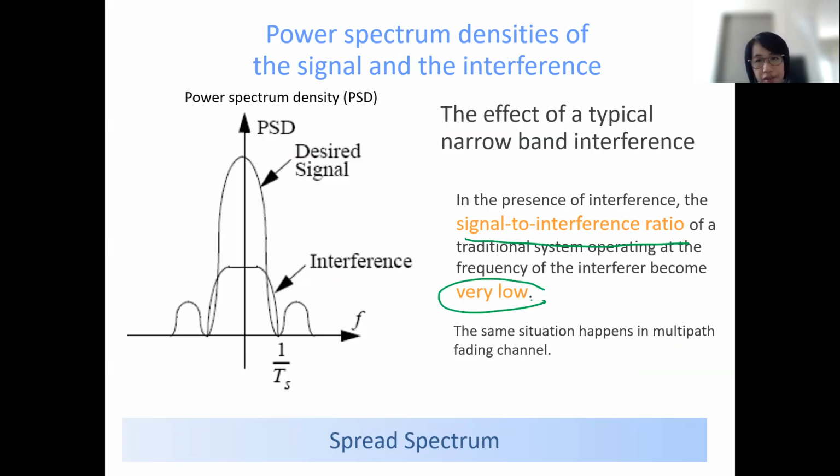Do you remember signal to noise ratio? What is it? We use this to evaluate the system. This is very important for our communication: how good is your system?